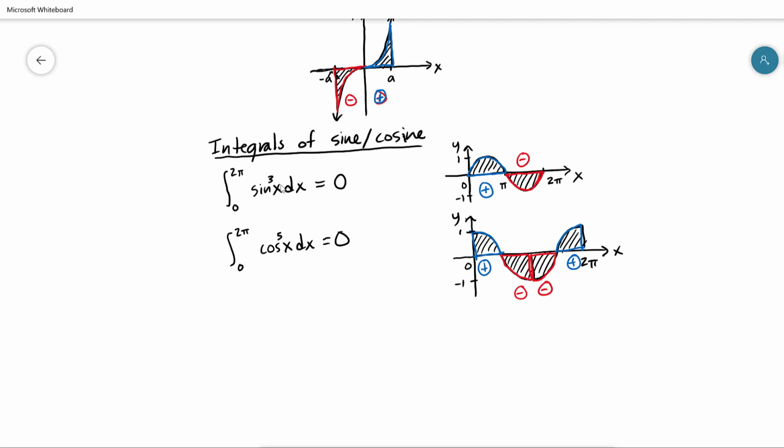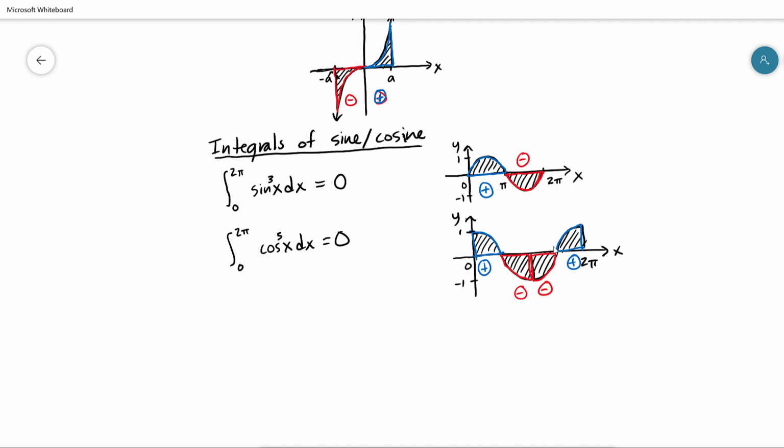So this works not only on putting other coefficients next to the x, so doing sine of 2x or sine of 4x or something, but also doing odd powers of sine or cosine. So as long as you've got odd powers there, this same property will be true. It's going to change what the shape looks like, but it's not going to change what's positive and what's negative.